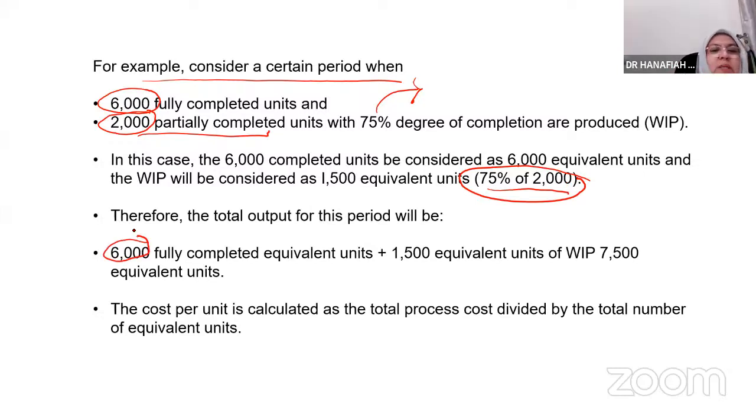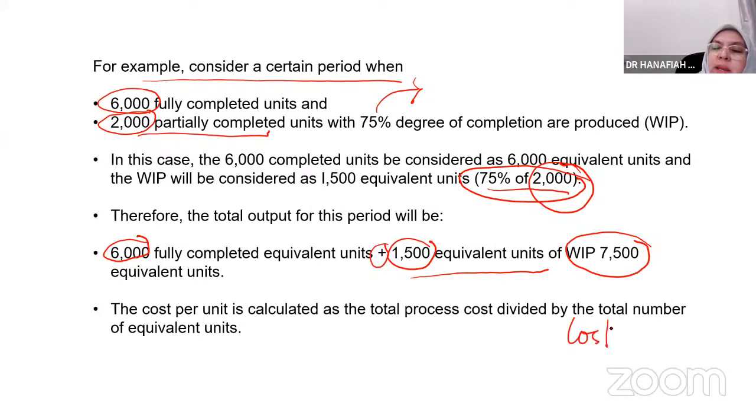One completed unit is the same as one equivalent unit, and you calculate the 2,000 units times 75%, so you add another 1,500 equivalent units. So in total, it is 7,500. And whatever cost you have during the process, you divide by 7,500.